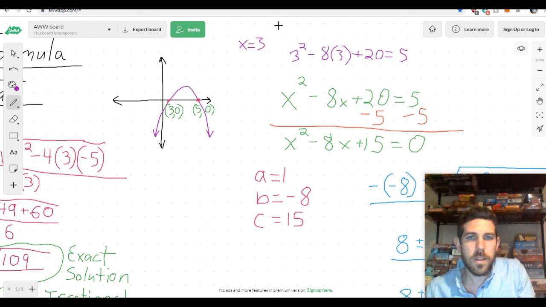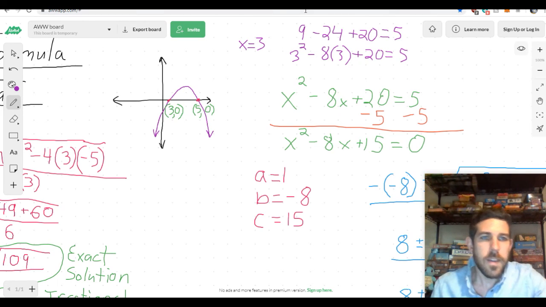Well, 3 squared is 9, minus 8 times 3 is 24, plus 20. Will that all equal 5? And I do believe it does equal 5. 9 minus 24 is negative 15, plus 20 is 5. So it does work. That is a solution.